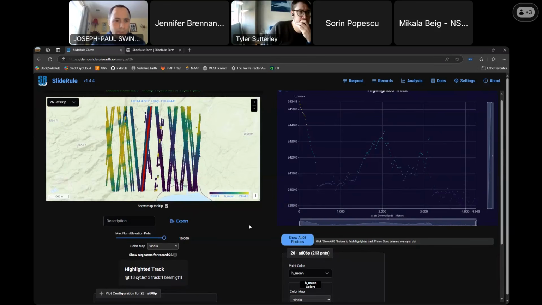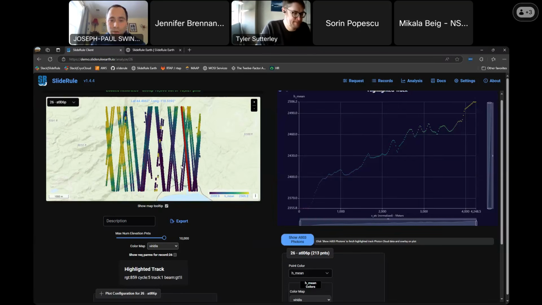And 50, 70 different ATL03 granules were pulled and subsetted in parallel, and then they were run through the ATL06 surface fitting algorithm that was re-implemented for SlideRule. And then it pops up all the different tracks. You can see on the left what the different tracks are, and on the right a scatter plot of the surfaces. If you wanted a different track, that's a different surface there.